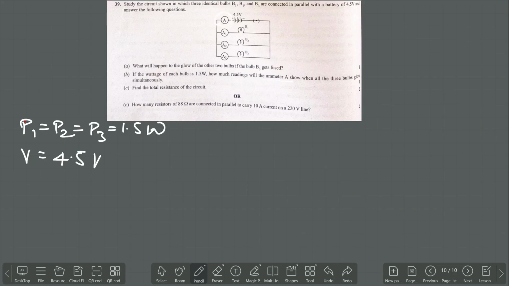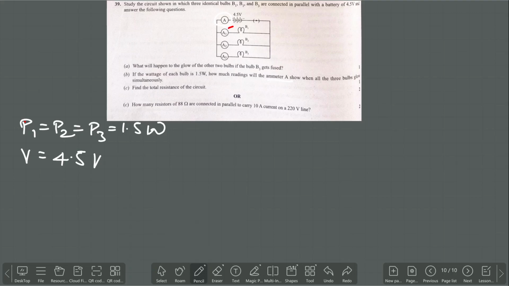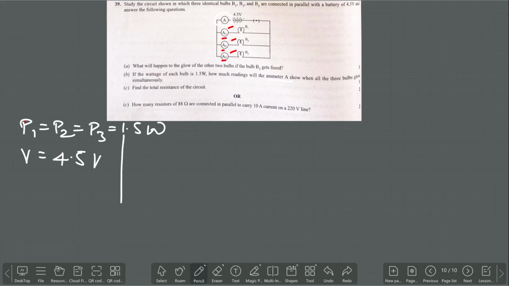This one we need to find. For finding the ammeter A reading, first we need to calculate how much individual current is passing through A1, A2 and then A3, and then we can add them. So we can use the formula P is equal to V into I. We are going to calculate the current passing through I1. I1 is equal to P by V. What is the value of P over here? 1.5.